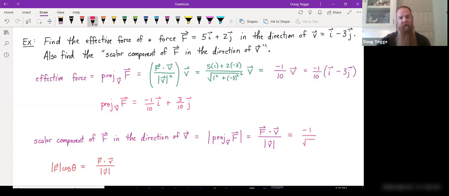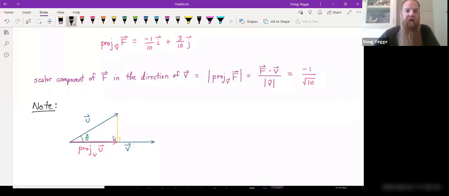Now be careful, it's not 10 because the magnitude of v was being squared up in this first formula, but now we're just saying the magnitude of v, and so notice that this right here is the scalar component. So the scalar component, or the magnitude of the projection, is -1 over the square root of 10. Okay, so sometimes you have multiple methods or options in terms of how to find a projection magnitude.